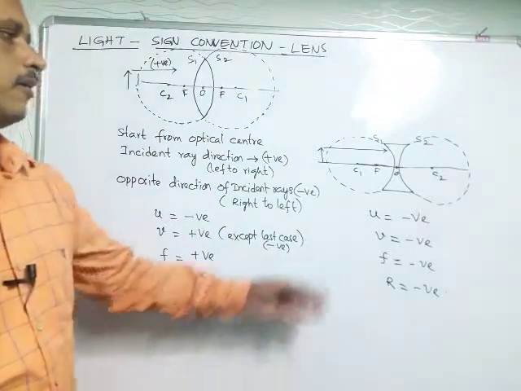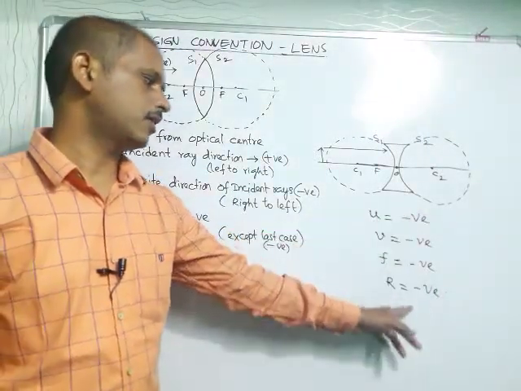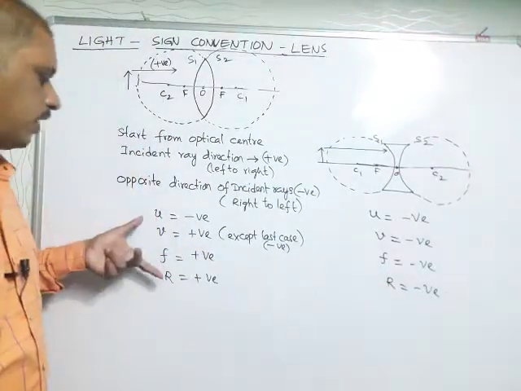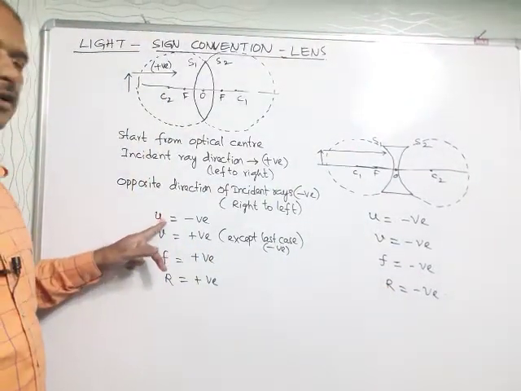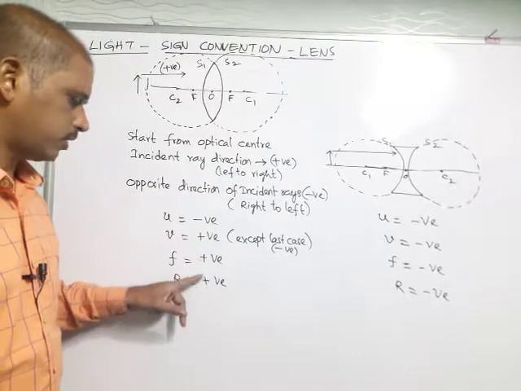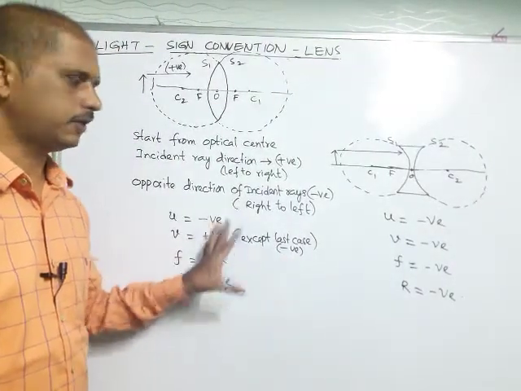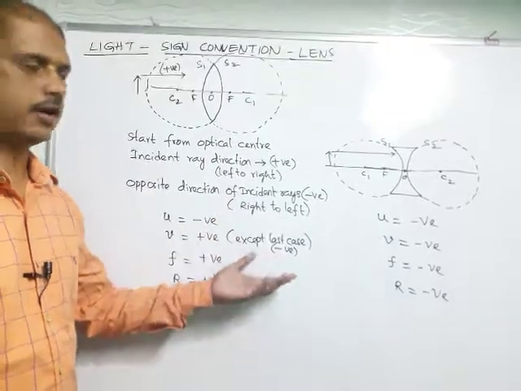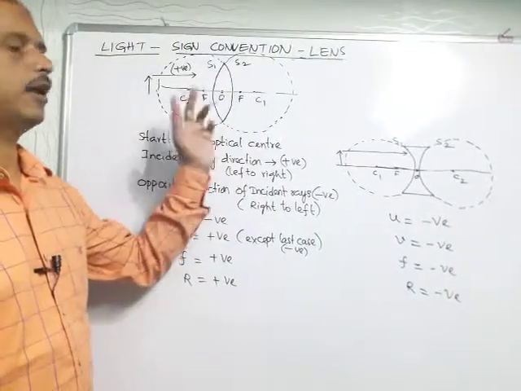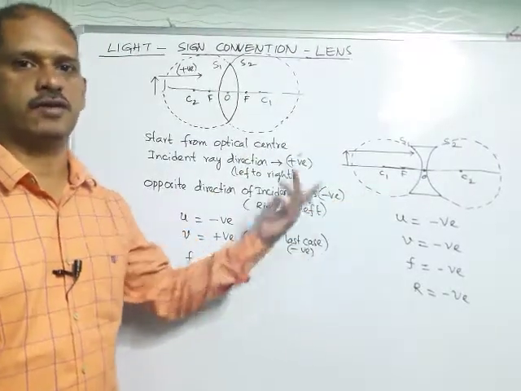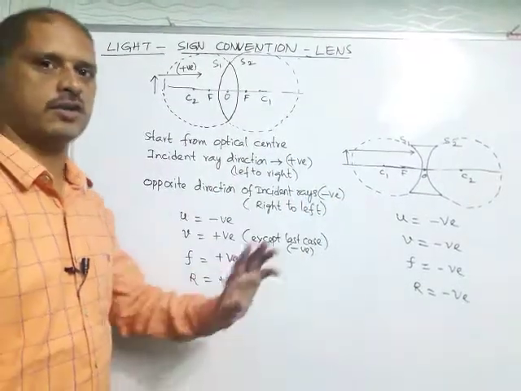For a concave lens, you can consider everything negative, no confusion. For a convex lens, except u, all are positive, but remember the last case is negative. If you forget, draw the diagram and imagine the surfaces, the spheres, then you can easily identify the sign convention without any mistake.